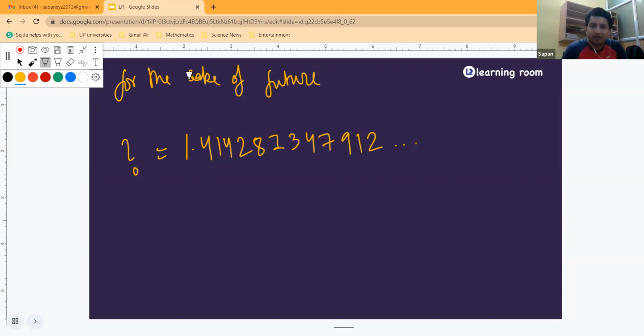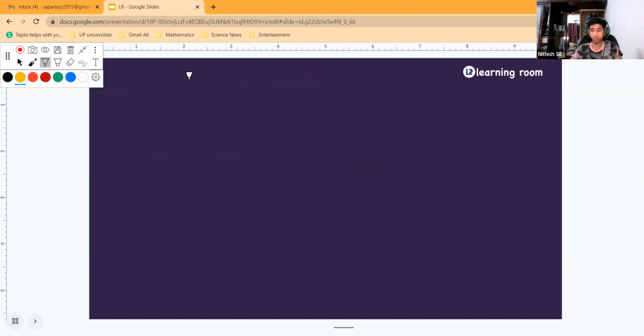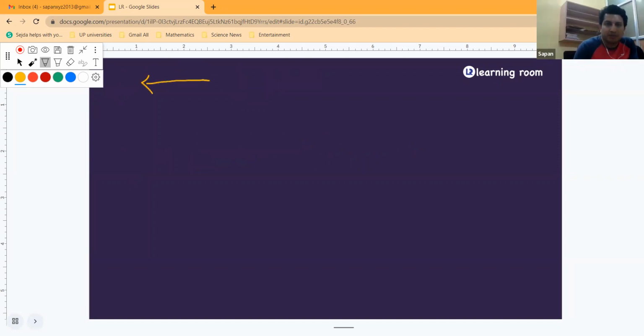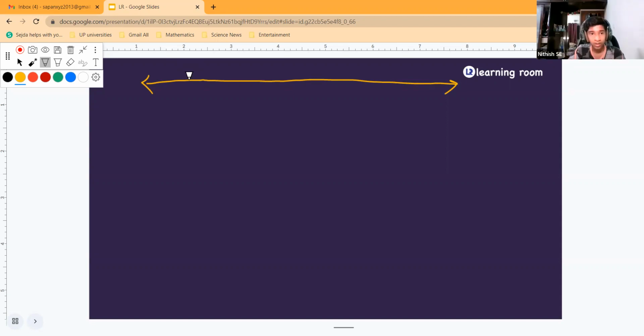A combination of full real numbers, the number line. See, if this is your number line, this number line is composed of three types of numbers.